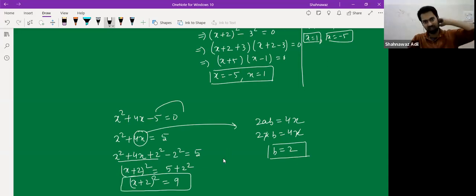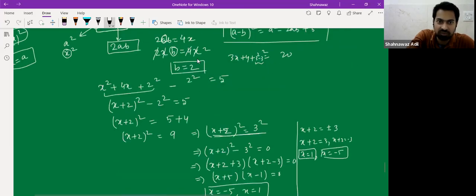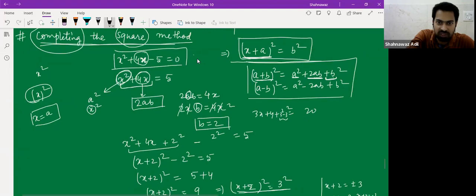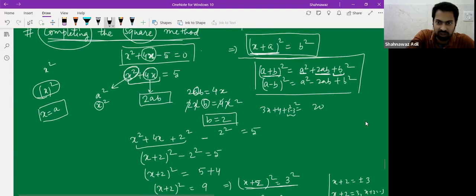Any doubt in this completing the square method? No, sir. Hamad, Adil, any doubt? No. Yes, so you guys note it down, and in the next class we will be doing the questions from completing the square.